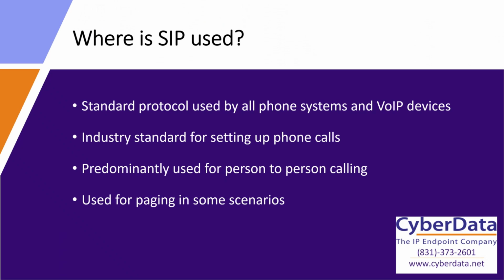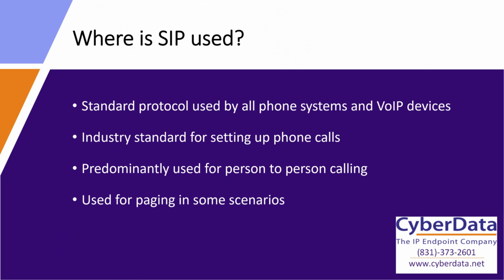But when you're dealing with setting up phone calls, there's really two different styles that you can use. You've got the person-to-person style, again, Alice calling Bob or Bob calling Alice. But then there's also use in the paging context, where you want to send a message out to say Alice, Bob, Joe, and Jeff. You want to get a message out to multiple people at once.